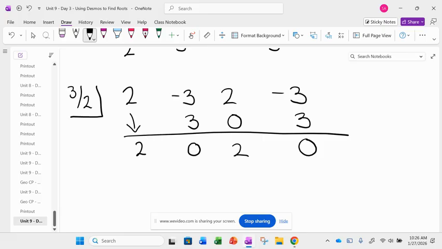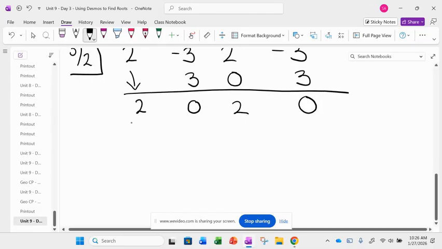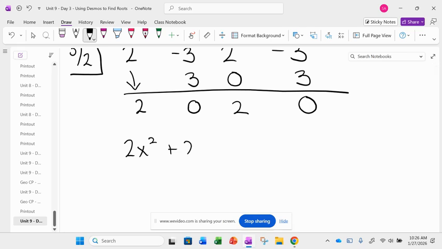So now these are the coefficients for my newest factor, actually. And what degree am I starting this off at now, since I did synthetic substitution twice? 2. So now this is going to be a 2x squared plus 0x. Do I need to write plus 0x? No. Plus 2 equals 0.